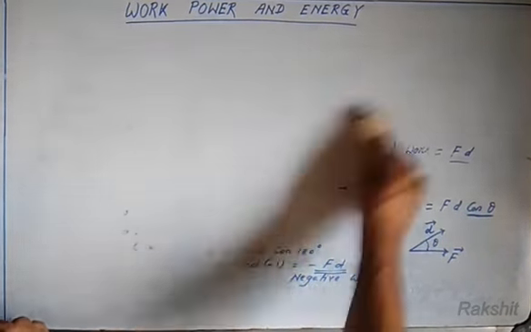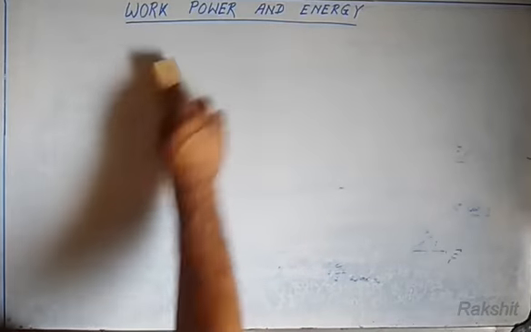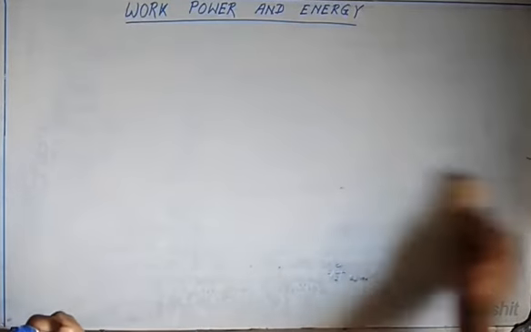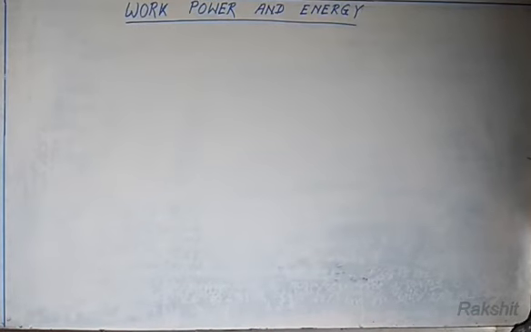Now, we define power. So what is power? Power means work done by time. Work done by time is power. So we can simply write down the formula for power.